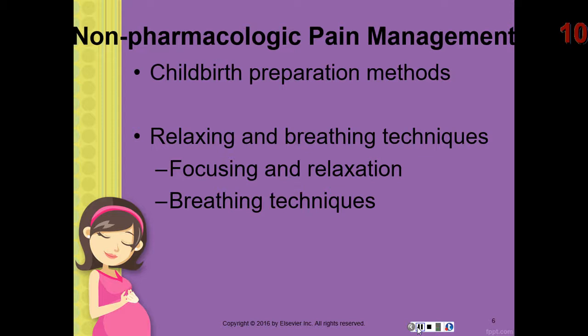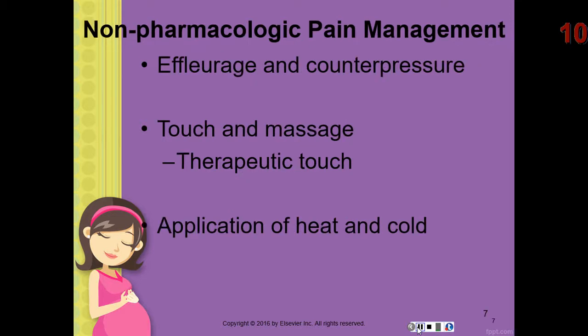There's also one more thing I need you to read here. It's about paced breathing, depending on the stage. If you read page 387, box 17-3, that would be a good idea for you also. Okay. So, effleurage and counter pressure. Effleurage is not really massage.